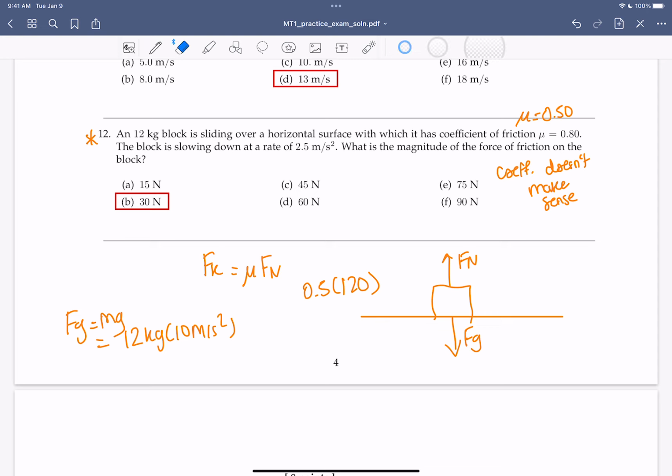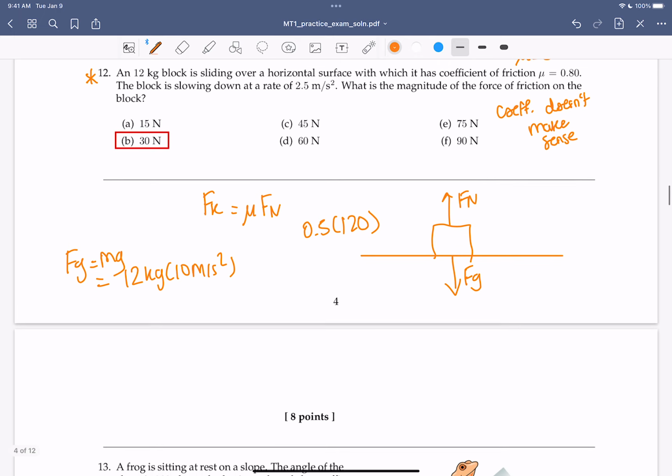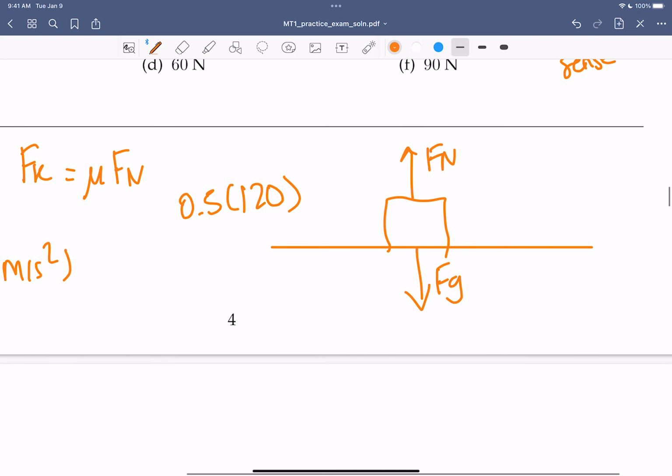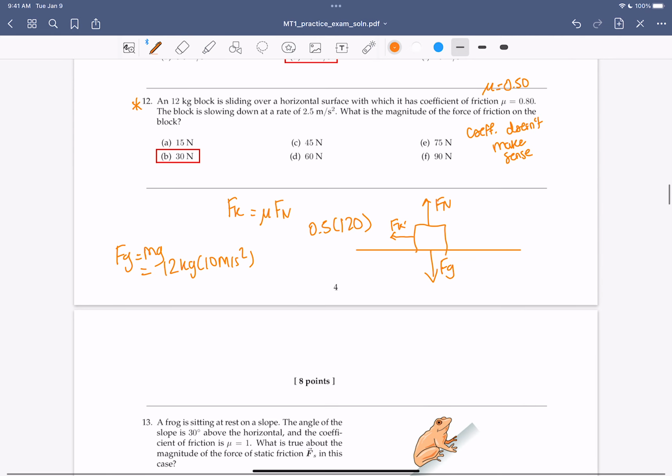Now, alternatively, what you can do is use this acceleration here. If the object is sliding in the x direction, we don't have any indication of any push force or anything like that. So we just have Fk, kinetic friction, acting on it.